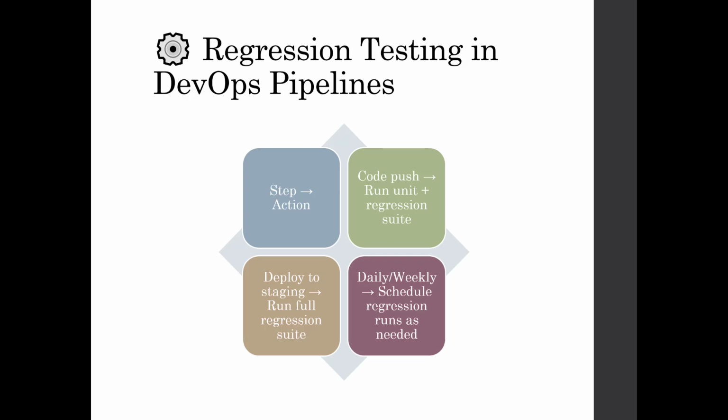However, if you're running your pipeline in a staging environment, you can run a full regression suite and go through lots of different pieces of functionality, those core workflows, those critical paths, and really catch everything in staging. So it kind of depends on your environment, but some teams can schedule daily or weekly runs of their regression suite just to catch sneaky bugs.